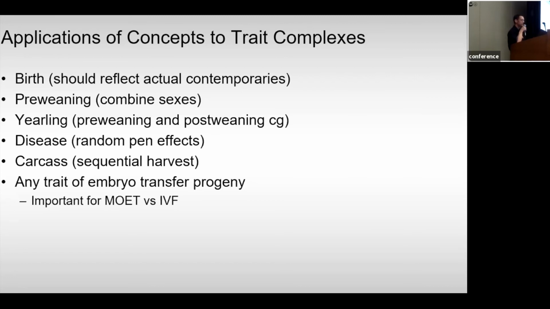And then for stuff like disease, you can have random effects of pens. So the random effects can make better use of information, particularly in some trait complexes. If I think about disease, where animal records may be limited to begin with, it could be advantageous to investigate fitting random contemporary groups.